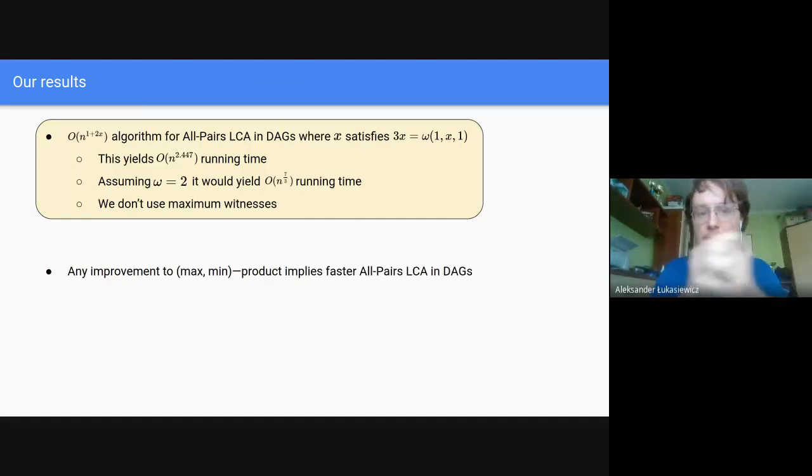But our techniques and our result, in some sense, might suggest that these problems are separated in some way. We also have a very recent result that is not included in the paper. This is work with Przemek and Adam Polak, that any improvement to max-min product implies a faster algorithm for the problem that we study.